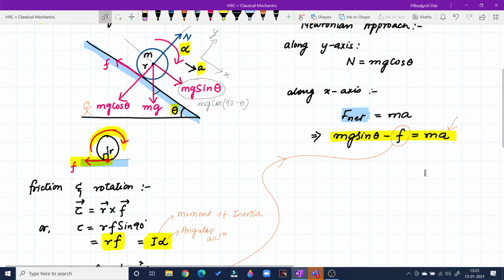Alpha is equal to A upon R. Very good. Alpha is equal to A upon R.